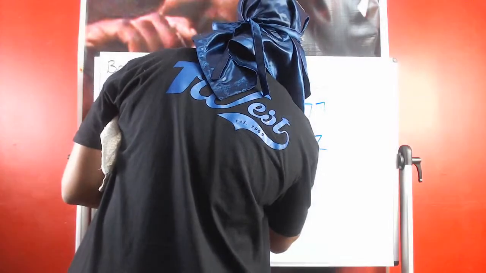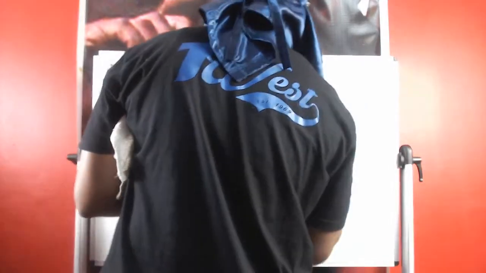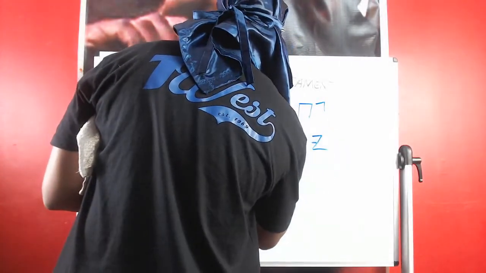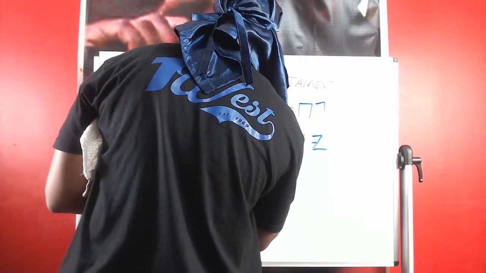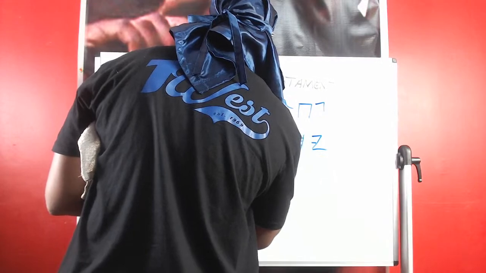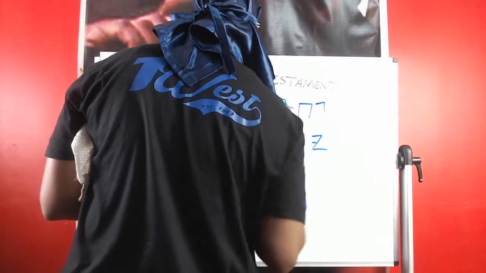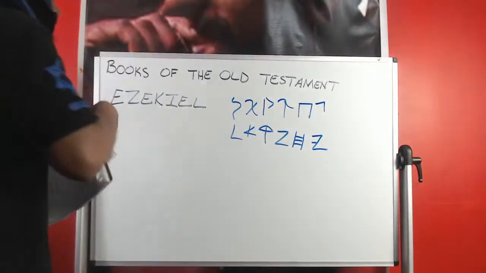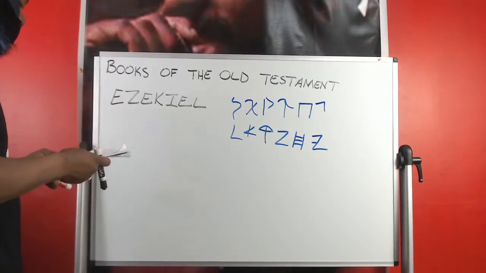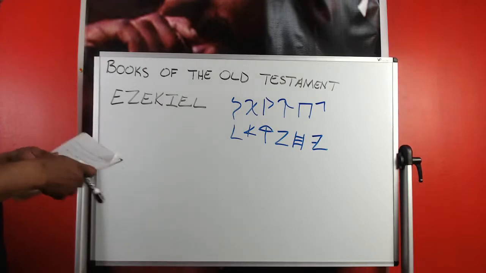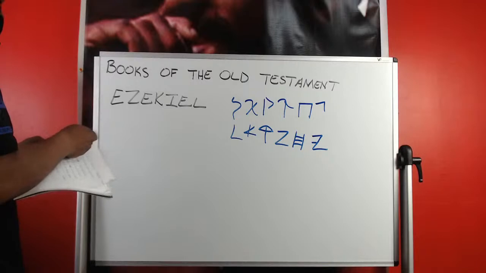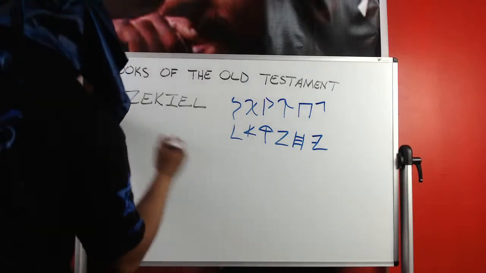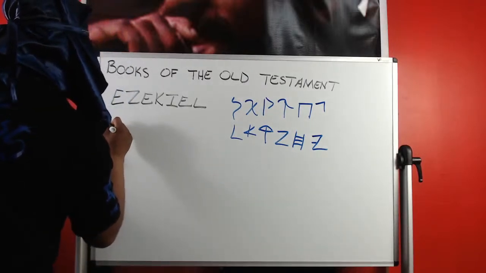And also, brothers, make sure that you do write this out in ancient Hebrew, just so you can be more familiar with it. So whenever you are required to write this out, you will know how to write it and read it. Everybody understand? All right. Excellent.